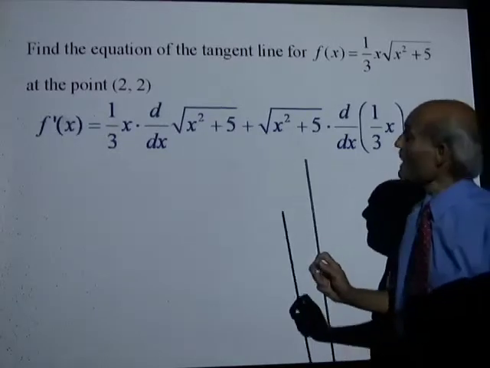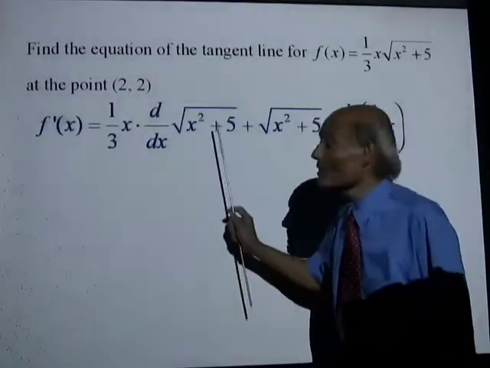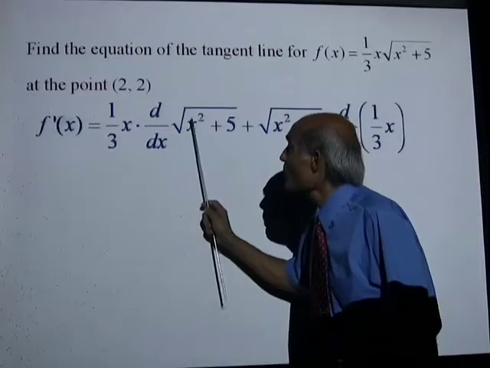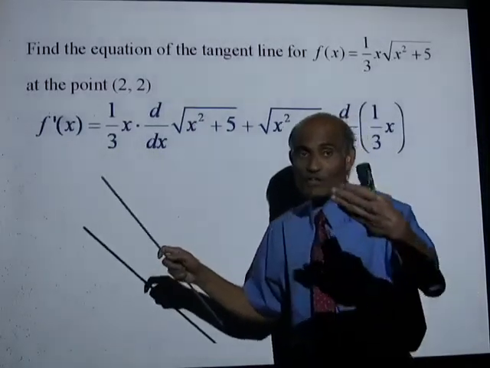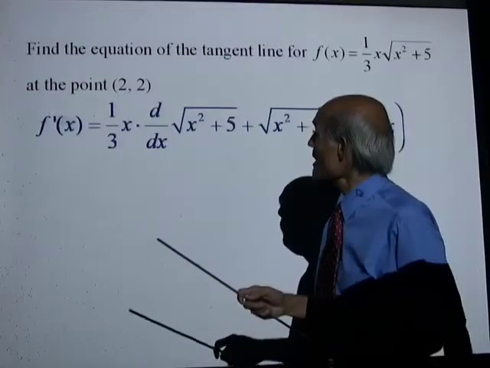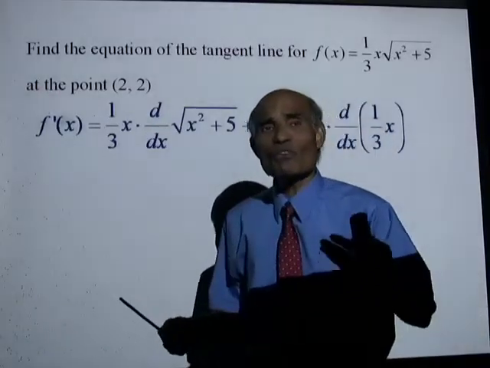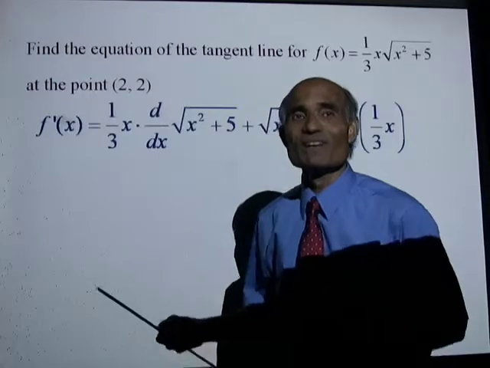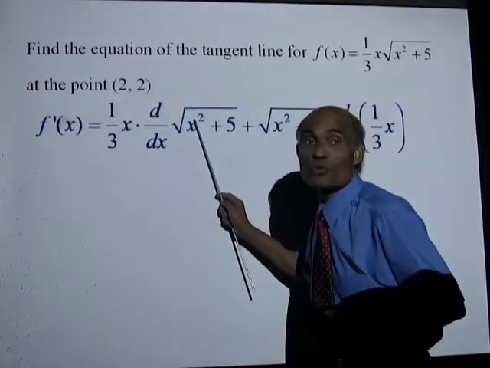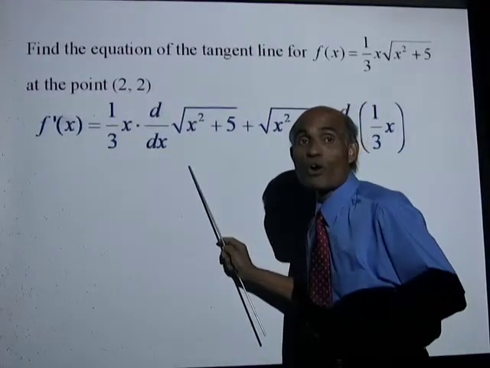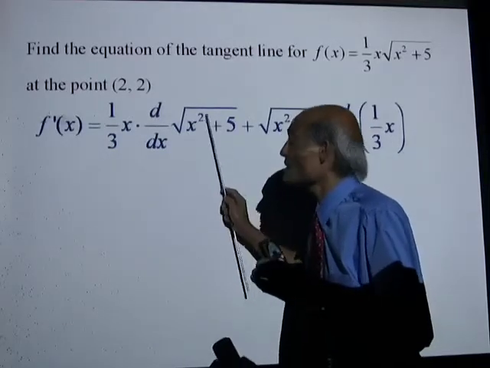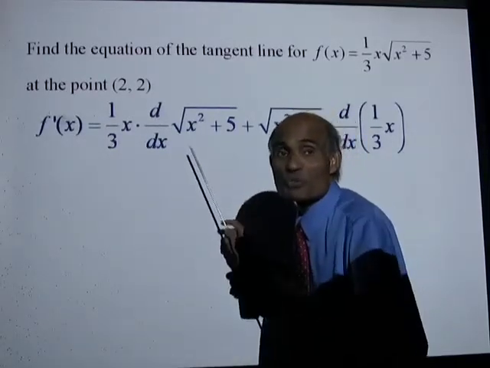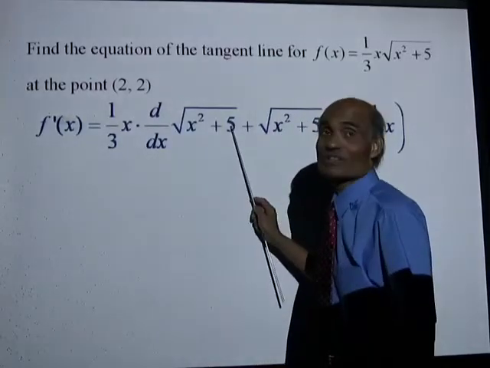All right? And the only trouble here will be to find the derivative of this square root quantity. Bring back your understanding of the derivative of a square root quantity. It is 1/2 square root of that quantity times the derivative of that quantity.